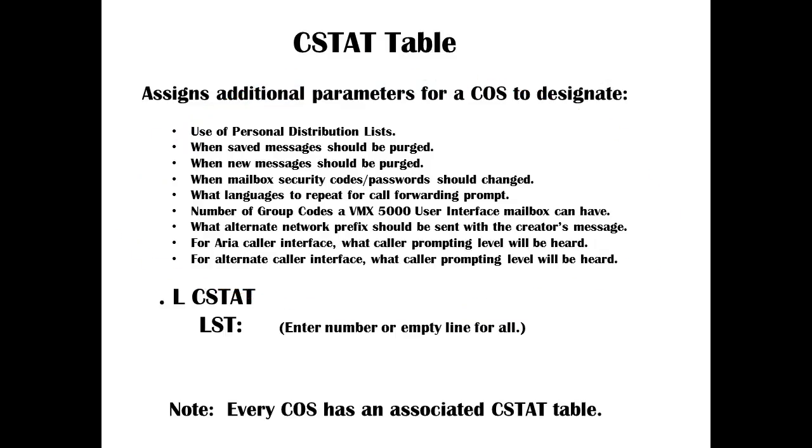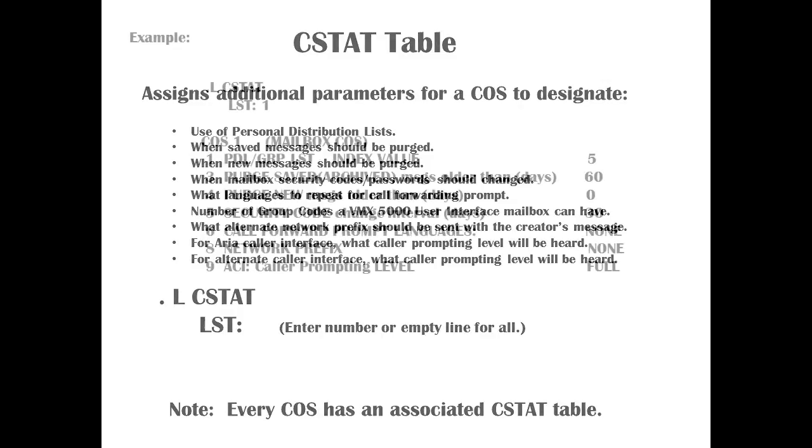The command to generate this table is the L-CSTAT at the update prompt. You can enter a specific number or an empty line for all. And remember, every class of service has an associated CSTAT table.